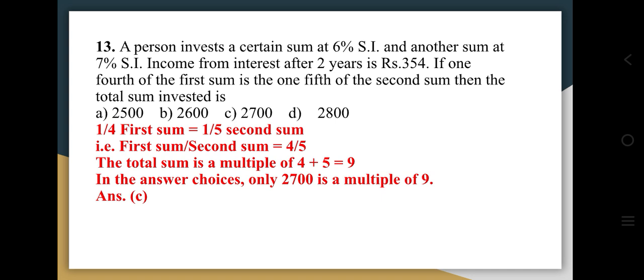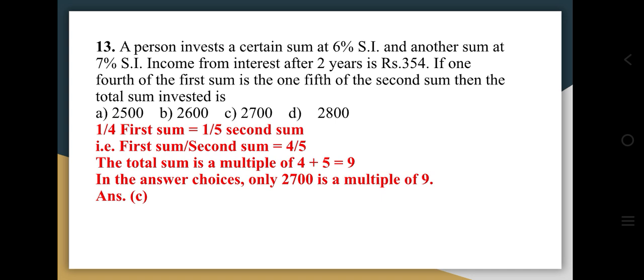But suppose in the answer choices, instead of 2600, we have 3600. Then 9 divides 3600 also. Now you cannot do the problem in the simple way, because there are two choices which are multiples of 9.